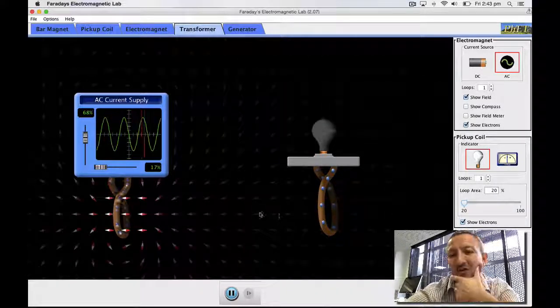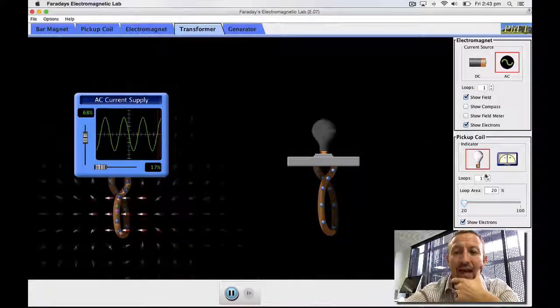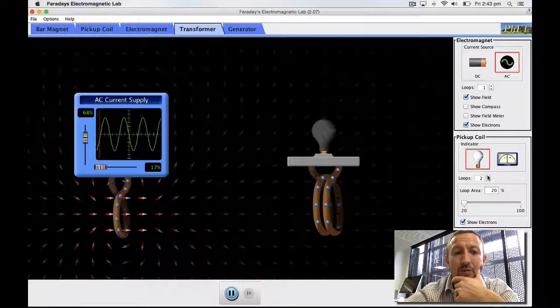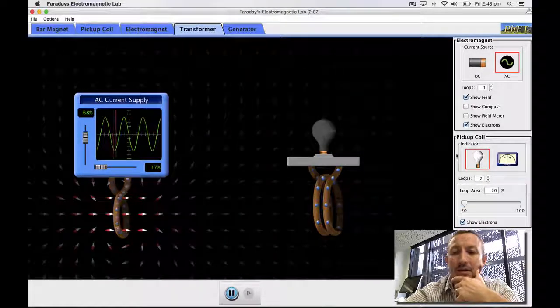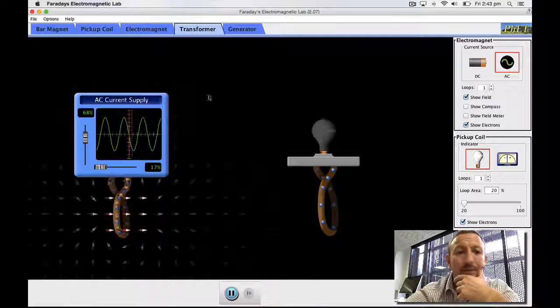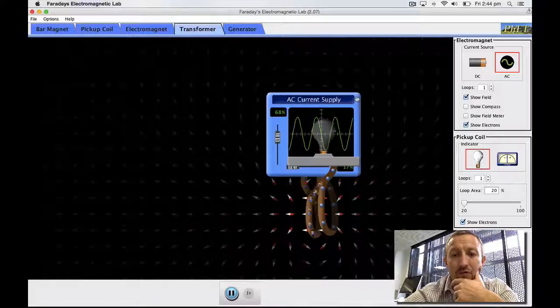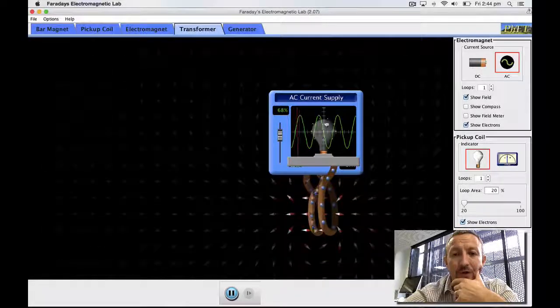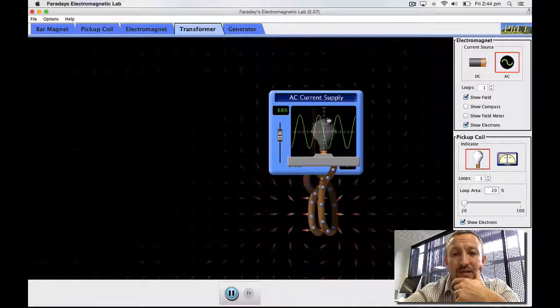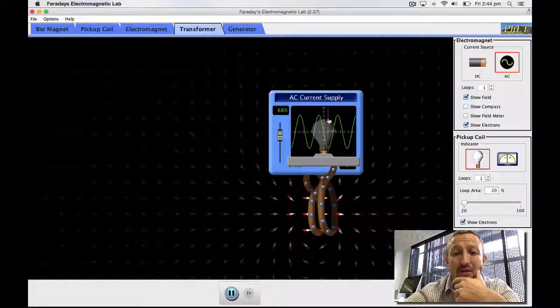At the moment it's not working particularly well, but if I add another coil to the loop, let's see what happens to the light. Let's just go back actually and look at one coil, and we'll just try and remember what the lines are like for the light bulb. You can see they're being generated, but they're not particularly great.